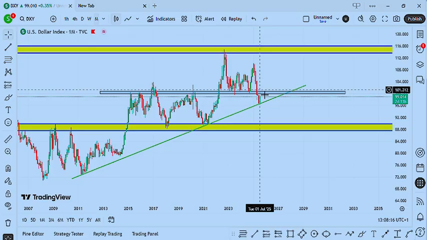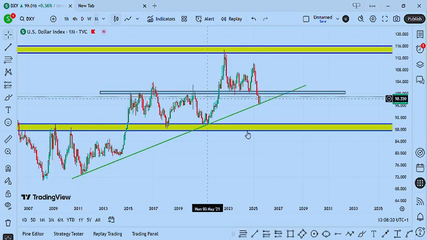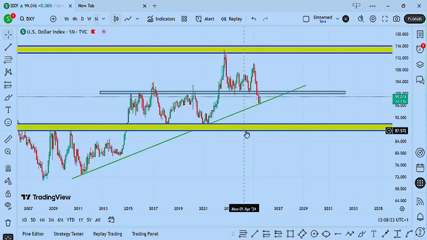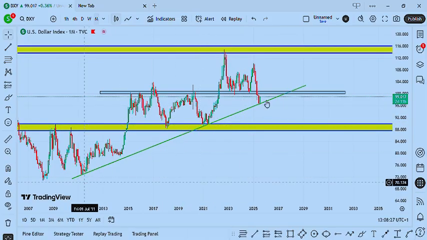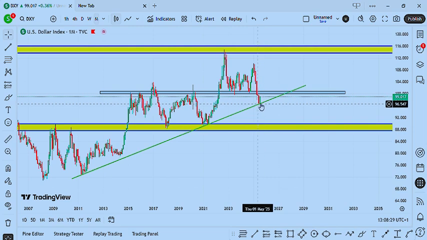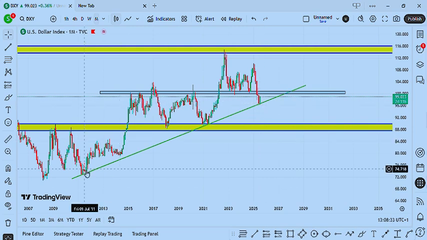All right, so the DXY wants to continue its bullish momentum again. If you look carefully from my screen, you can tell that this market is testing this third touch of this trend line. It's using this trend line as a support. From previous price action, whenever the market tested this trend line, there was always a reaction.